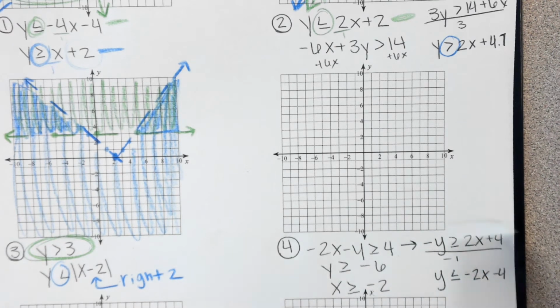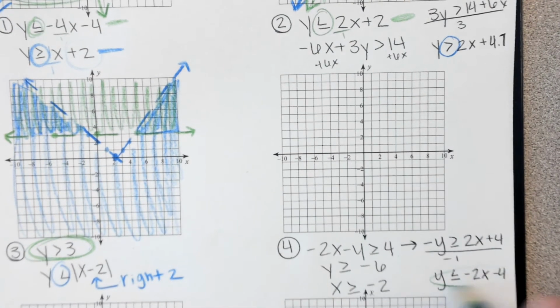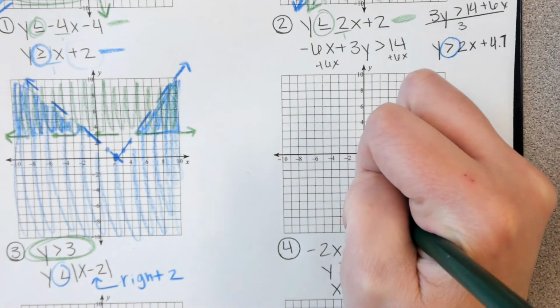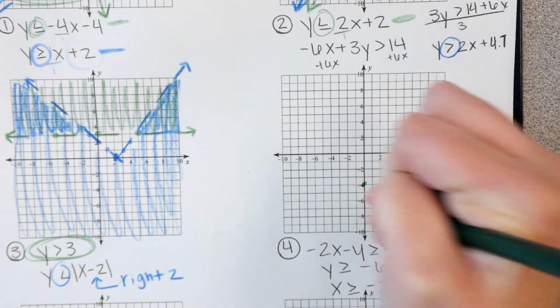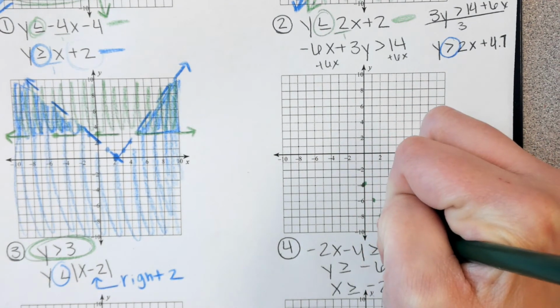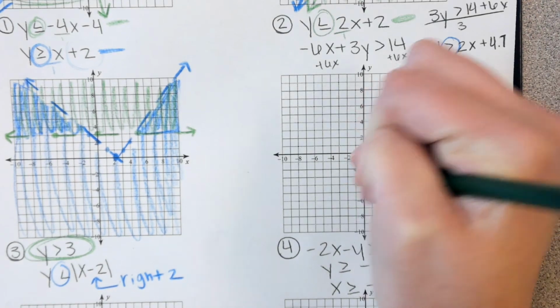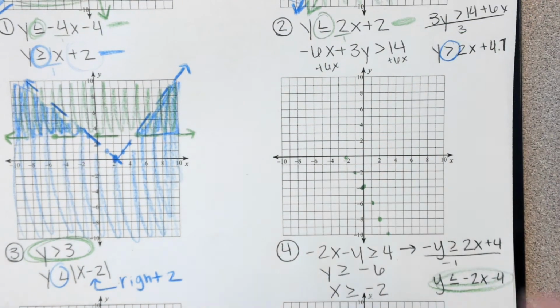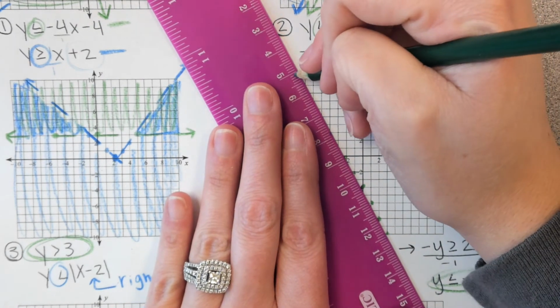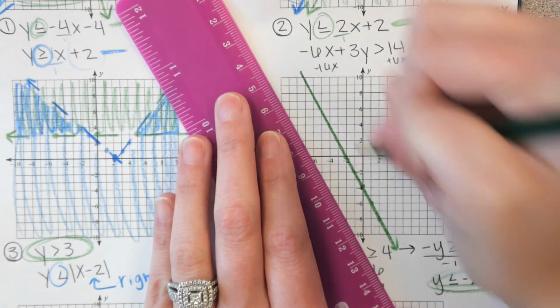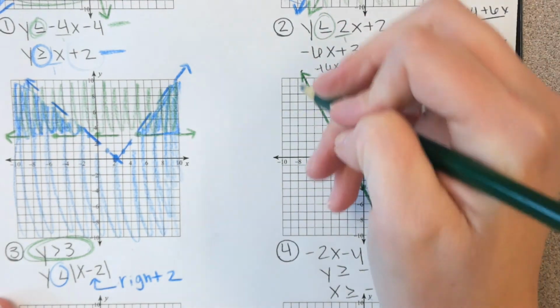Okay. And so my y-intercept is at negative 4, and my slope is -2, so down 2 over 1, down 2 over 1. I'll go backwards a couple. All right, that's less than or equal to, so that is a solid line. And I'm going to shade below.